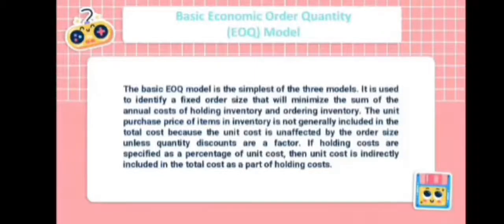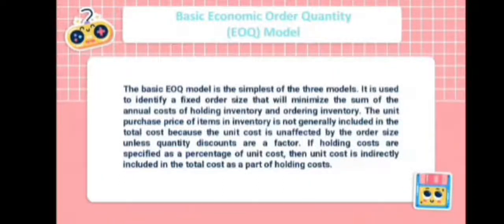So first, we will tackle the basic economic order quantity, EOQ, model. The basic EOQ model is the simplest of the three models. It is used to identify a fixed order size that will minimize the sum of the annual cost of holding inventory and ordering inventory.